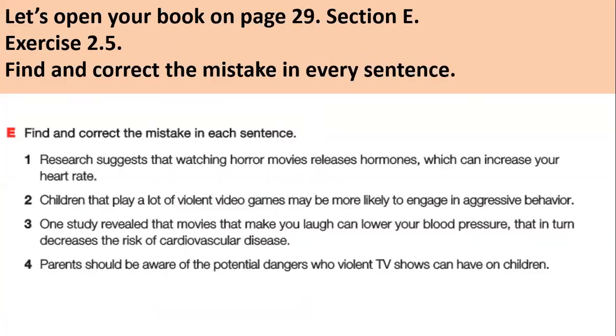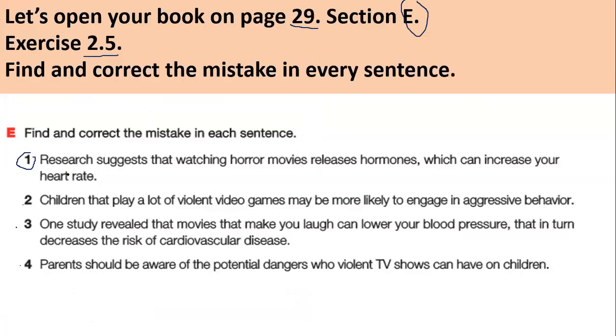Now, this exercise is on the same page, but it's one section before the one you did. It's page 29, section E, exercise 2.5. Here I have 1, 2, 3, and 4.